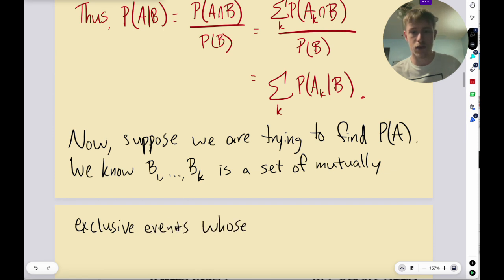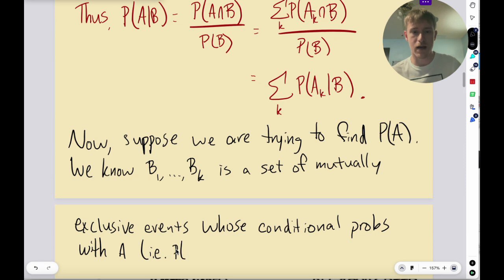And then whose conditional probabilities with A, i.e., the probability of A given B sub k for each k, is known. So we're kind of flipping it.